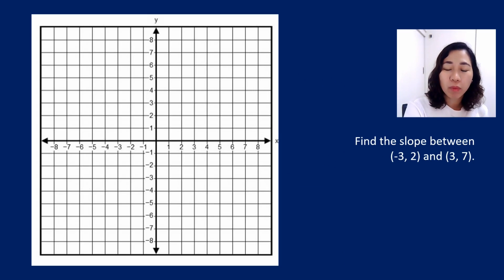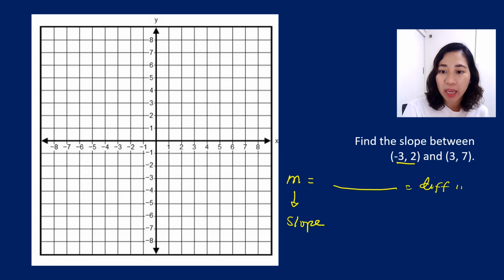Let me illustrate that in this example. So for example, we want to find the slope between negative 3, 2 and 3, 7. I will show first how to get the slope using just the formula, and then we will use the graphical method. Okay? So using our formula, our slope, we usually denote it by m. That's the slope. Remember that is difference in y over difference in x.